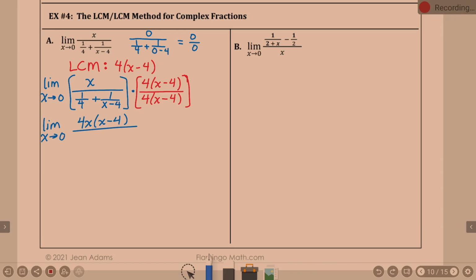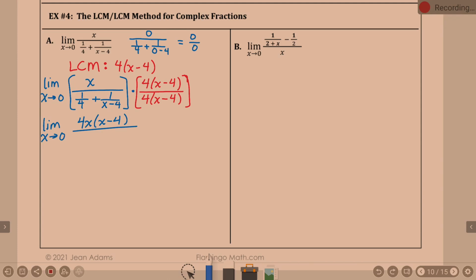It's all multiplying, so you're not trying to distribute the x, you're just multiplying all three pieces together. Now, what happens on this next piece? 4 times x minus 4 is going to multiply to each of those fractions.